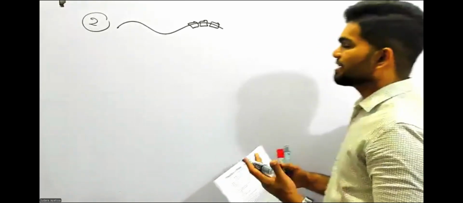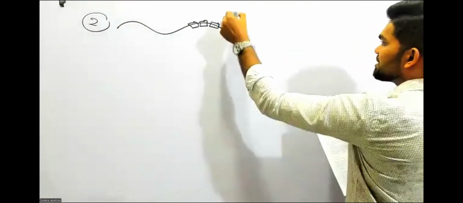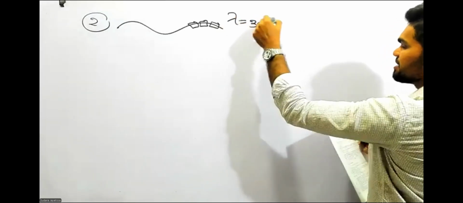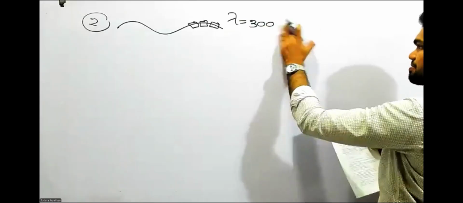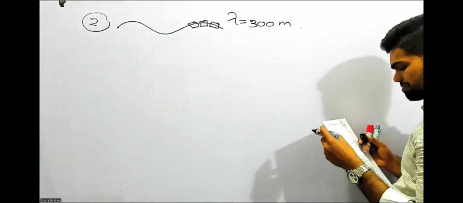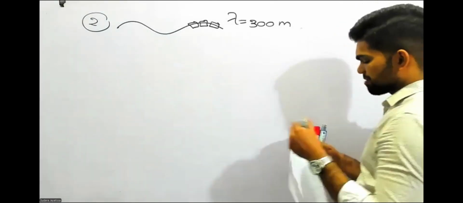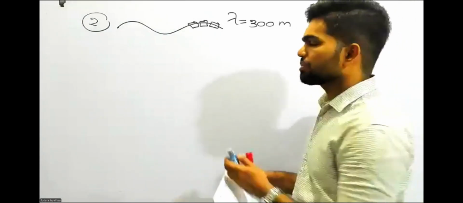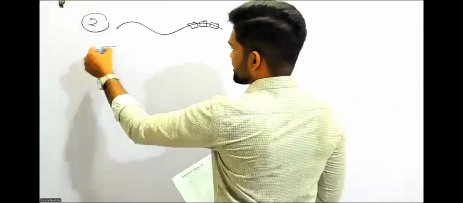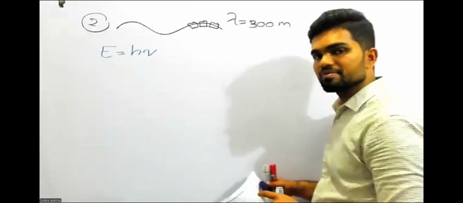So my point is here, we have an electromagnetic radiation with the wavelength 300 meters. It's asking the energy of 1 mole of photons. For the energy of 1 photon, Planck devised the formula E equal h nu. Nu is the frequency. Understood?